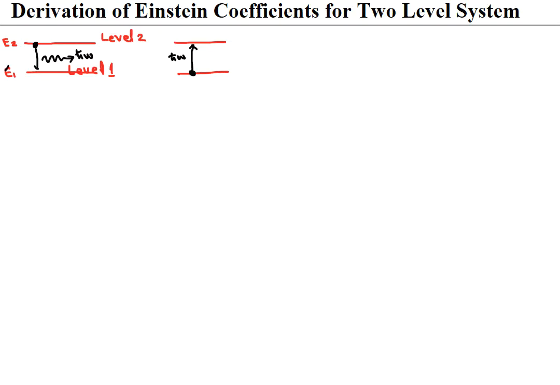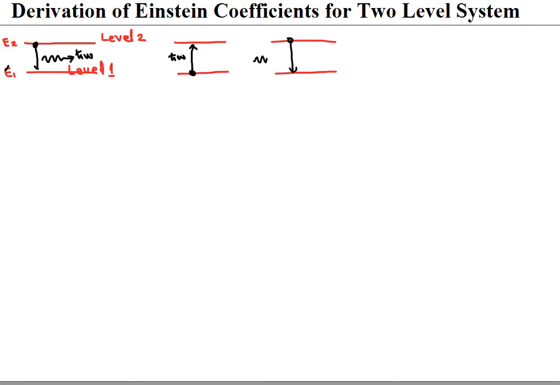Similarly, there can be another process that is termed as the stimulated emission, and in the stimulated emission atom goes from the higher level to the lower level by absorbing some energy h cut omega and emitting the energy of same phase.